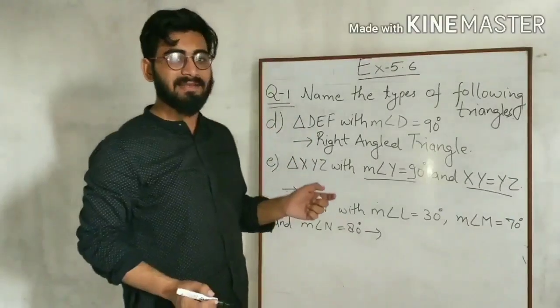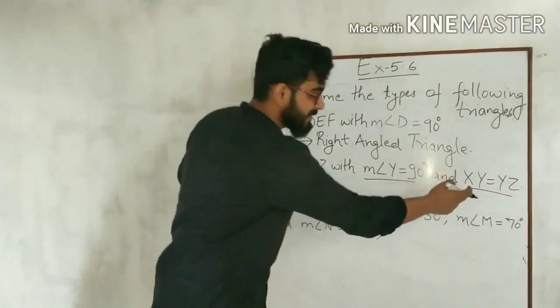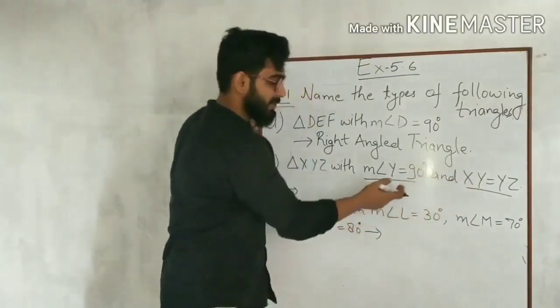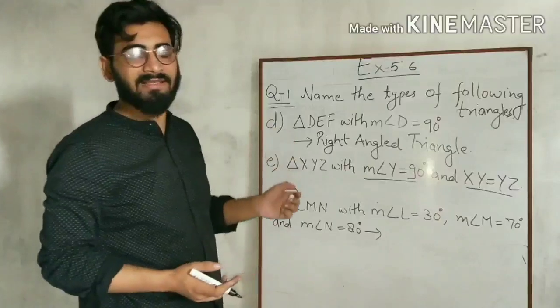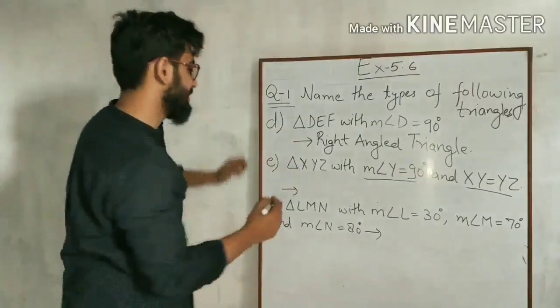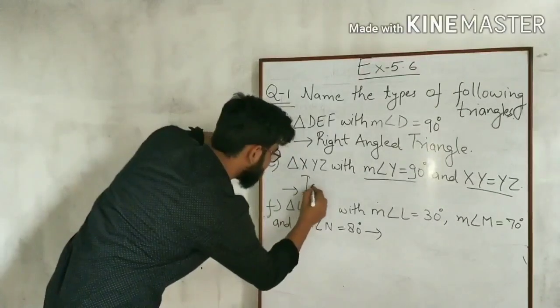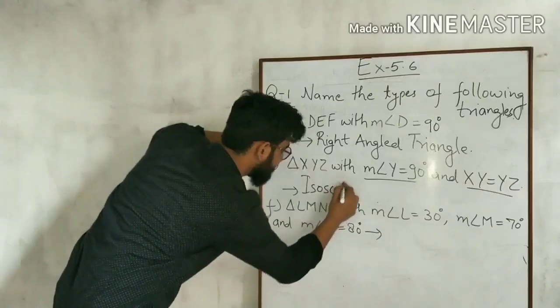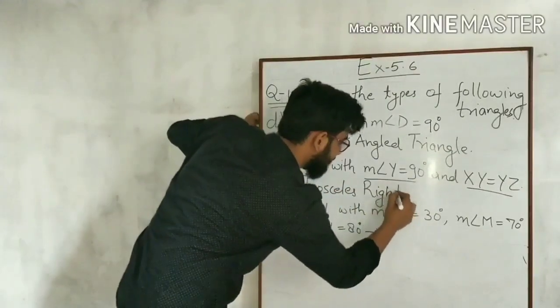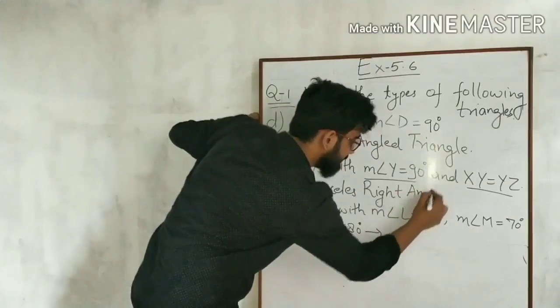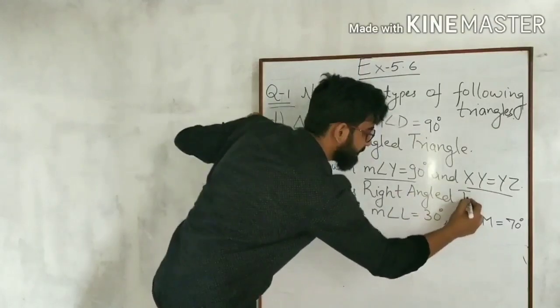Why is it an isosceles right angled triangle? It is isosceles because two sides are equal and one angle is 90 degrees also. That means it is an isosceles right angled triangle.